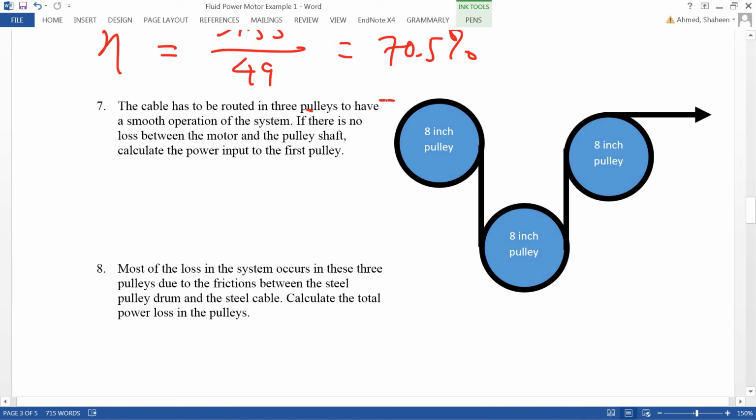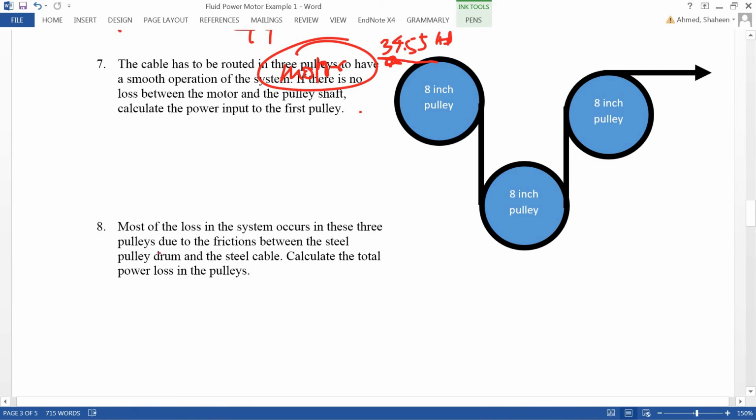Here you have the motor, and how much power is coming here? That is 34.55, which we calculated earlier. There is no calculation for this question; you can just use that from earlier.